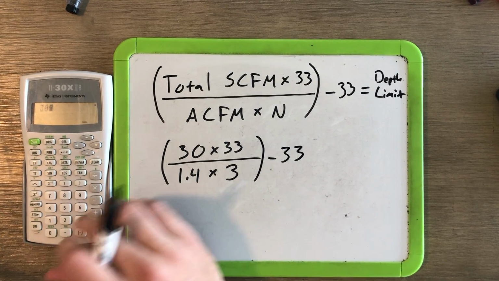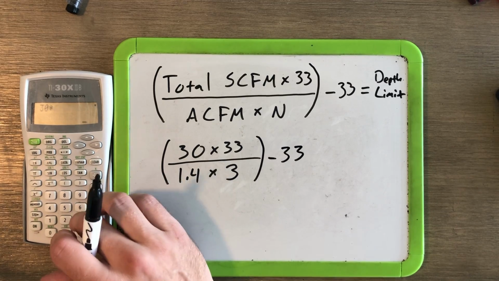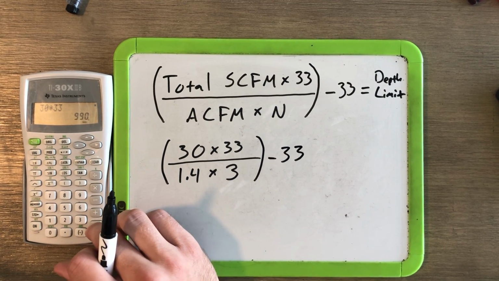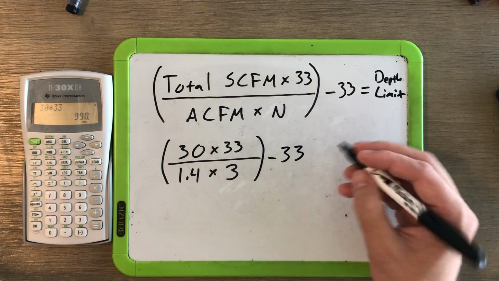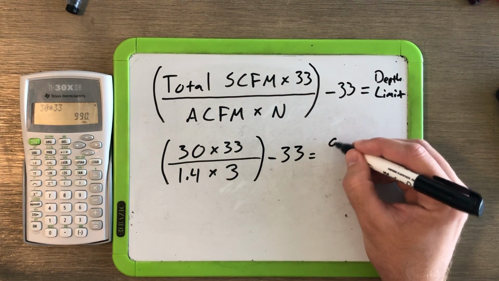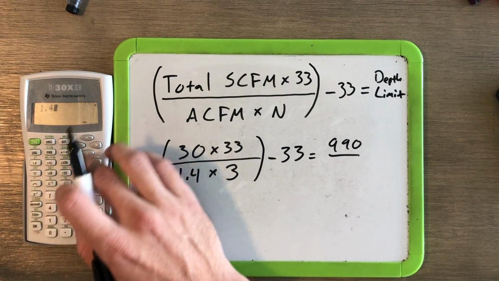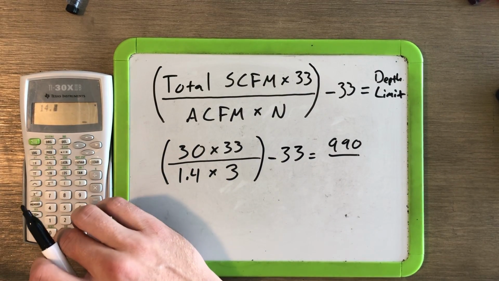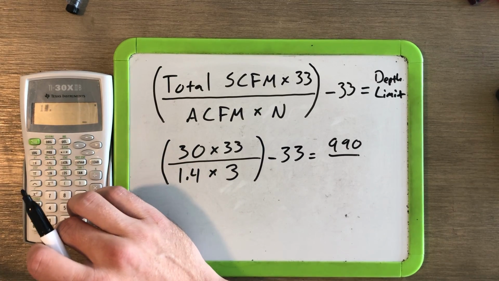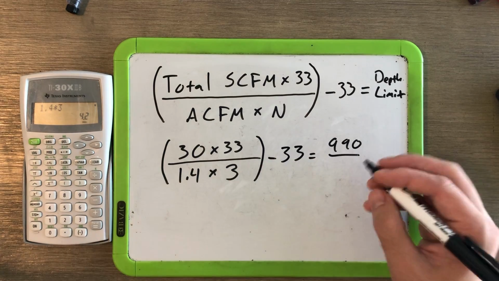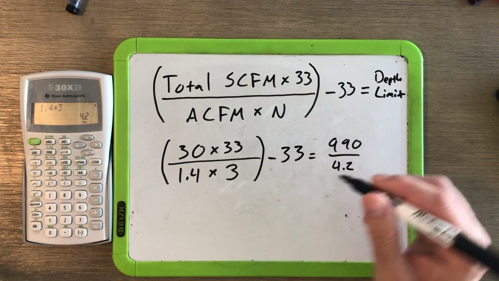So 30 times 33 is equal to 990 over, I'm sorry, not 14, 1.4 times 3 is equal to 4.2.